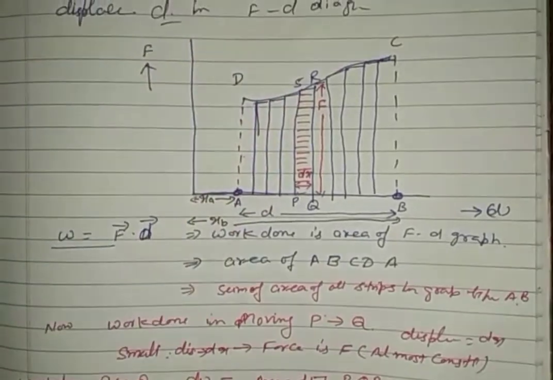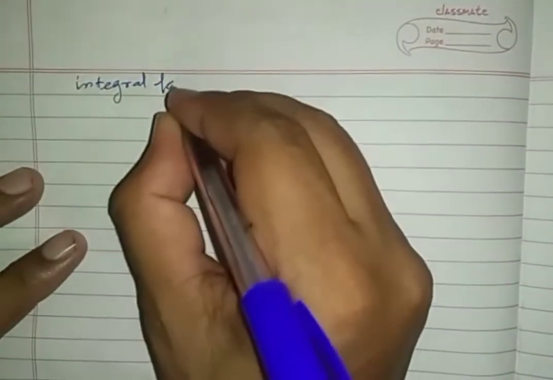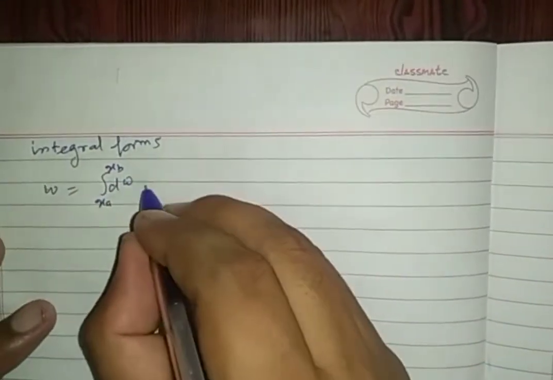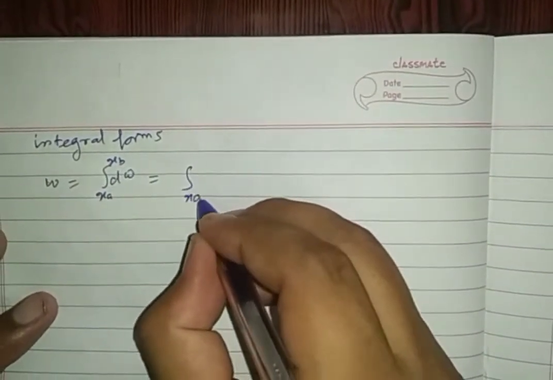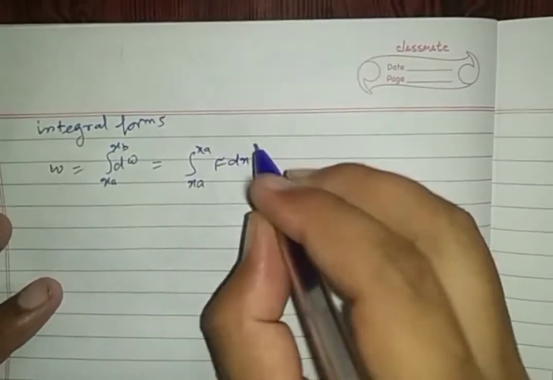Then in integral form, the work done W is the summation of dW from XA to XB, which is equal to the integral from XA to XB of F dx.